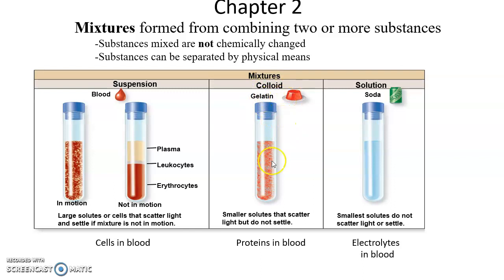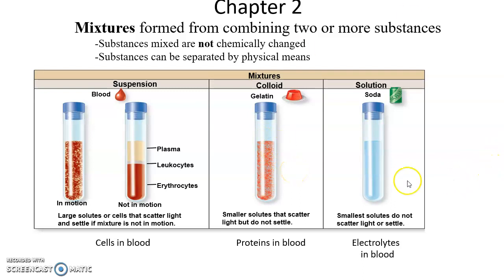A colloid is a mixture where you have small things within the fluid, and they do not settle out. So proteins in our blood do not settle out. When they put blood in a centrifuge, the proteins don't form a layer. They stay evenly mixed in with the fluid components.